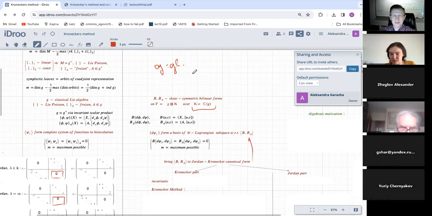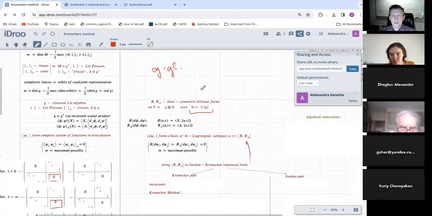The field K becomes not algebraically closed. But I have another question. Is it important that the ground field is C? We can take any algebraically closed field of characteristic 0, as far as I understand.